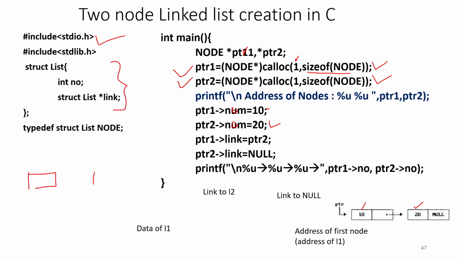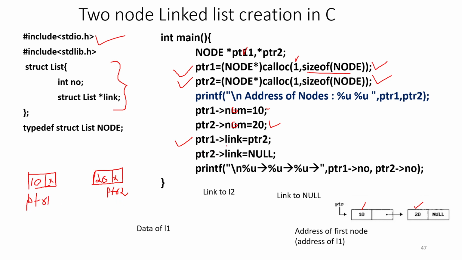One node is created, second node is created, having two fields. The first field is data and the second field is address. As calloc function is called, both are null. It is not the linked list. Manually, you can add the address of the second node. The address variable is ptr2 and this one is ptr1.